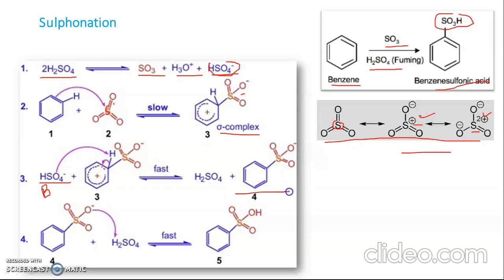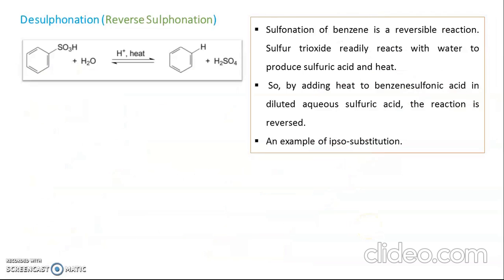So we have almost reached the product, but one difference is that the oxygen is still negative, so we have to protonate the O minus. The protonation can easily be done in the presence of H2SO4. So finally this O minus is converted to OH, and this is our final product, benzene sulfonic acid. Okay, so this is the mechanism of sulfonation.